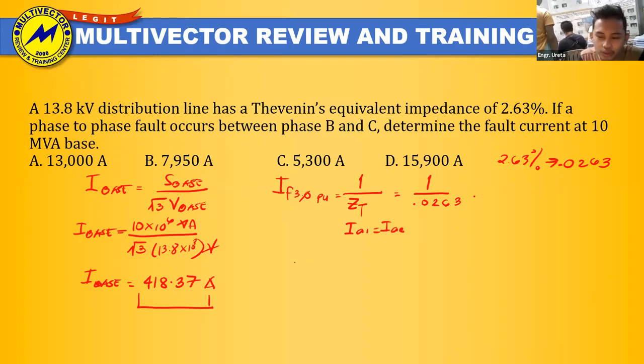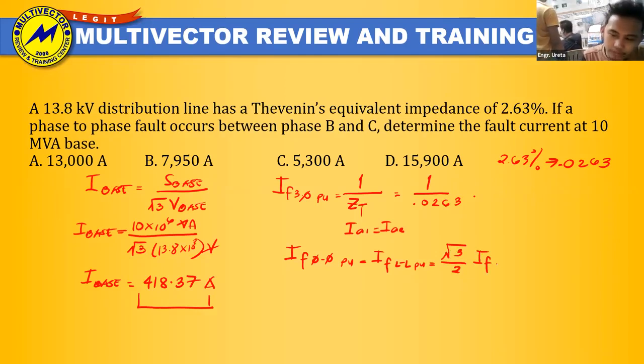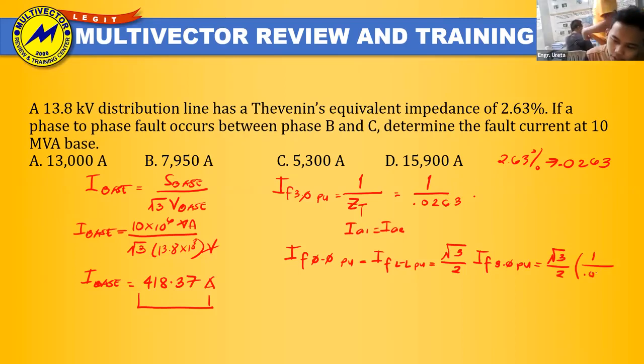Okay, so yung direct formula ng phase-to-phase fault natin, okay, and also the phase-to-phase fault per unit natin is just equals to my line-to-line fault. Okay, so phase-to-phase is just equals to the line-to-line. Direct formula is just square root of 3 all over 2 ng three-phase fault natin per unit. Okay, therefore, it is just equals to square root of 3 times 2 multiplied by 1 all over 0.0263.